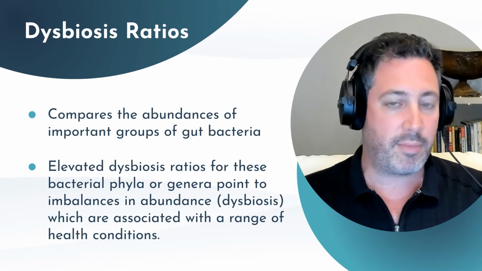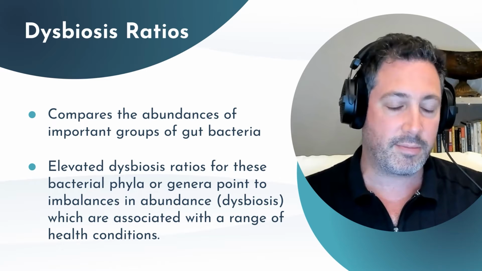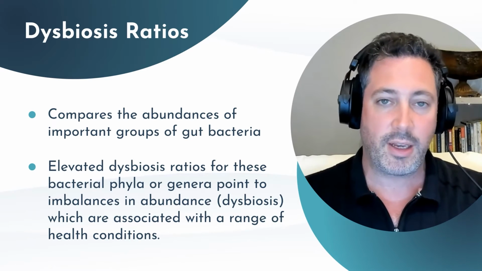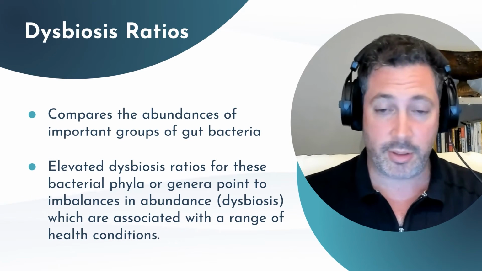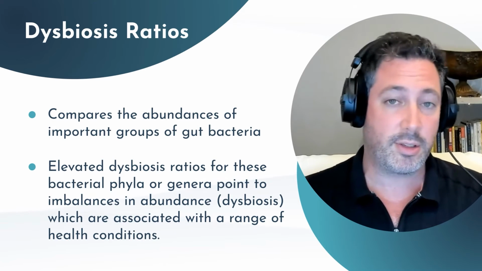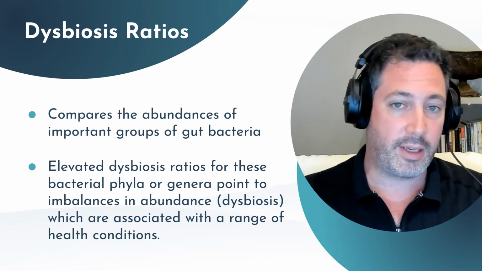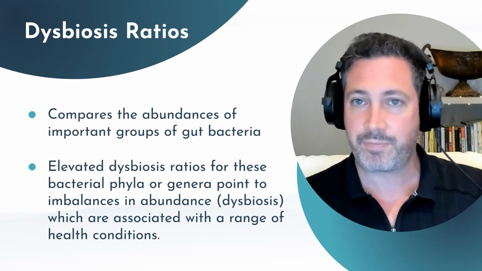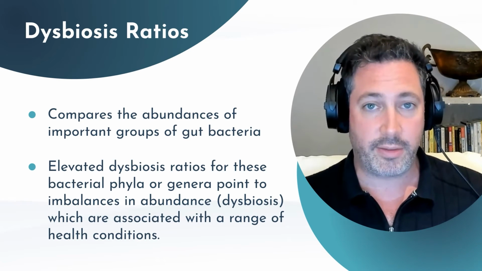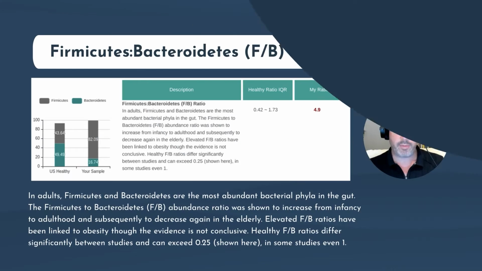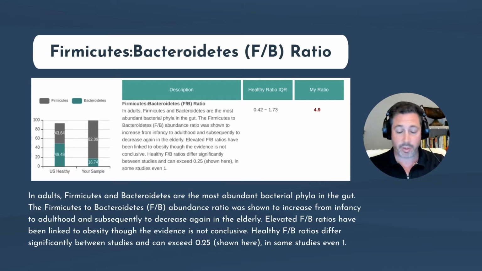But in many cases, they can give us an understanding of the person's diet, the person's diversity, and the person's risk factors for gaining certain metabolic conditions. Now, the main one here is the Firmicutes-Bacteroides ratio. And because we're comparing the two largest groups in the gut, it is critical to understand.